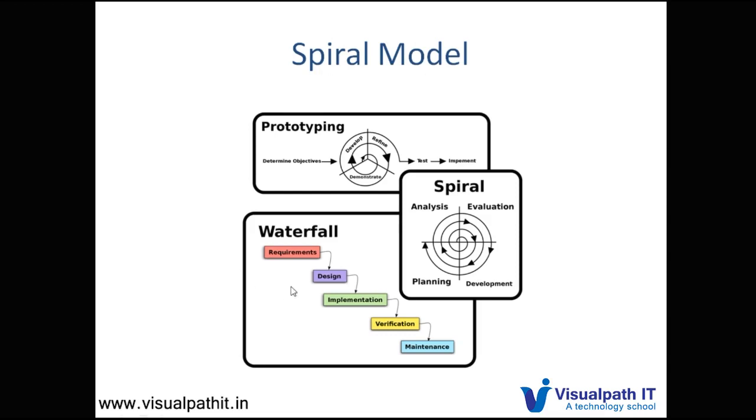In the lower part we can see a waterfall model, and here we can see a prototype model. So when we combine the two, we come up with a spiral model. Here each step is linear. It's iterative overall, but when we come to the analysis or evaluation, the single individual step will go linear.